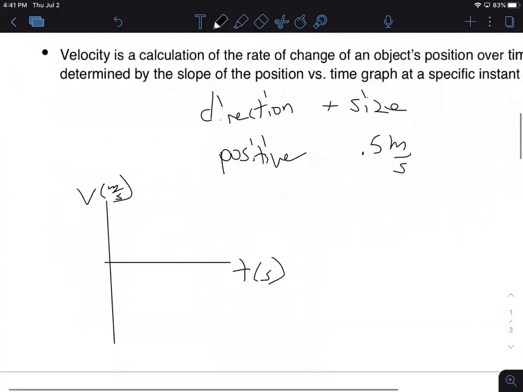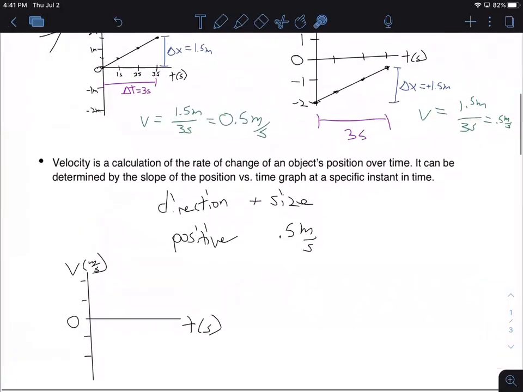All right, so again, I could have a positive velocity if I'm going one way and a negative velocity if I'm going the other. So I'm going to include both the positive and negative. Notice we're never going to have a negative time, so we're not going to have those quadrants. We're only going to be dealing with these two quadrants when talking about velocity or position.